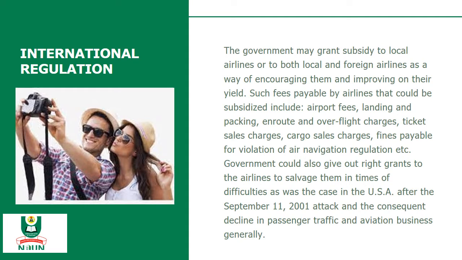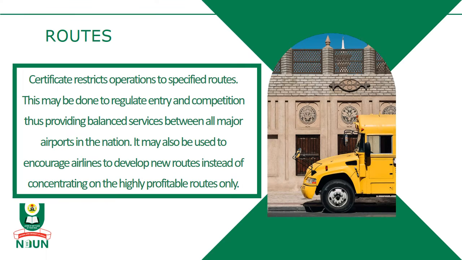Government must also give out grants to airlines to salvage them in difficult times, as happened during the problem that erupted on September 11, 2001. That was the attack at that time that declined the number of people patronizing air transportation.